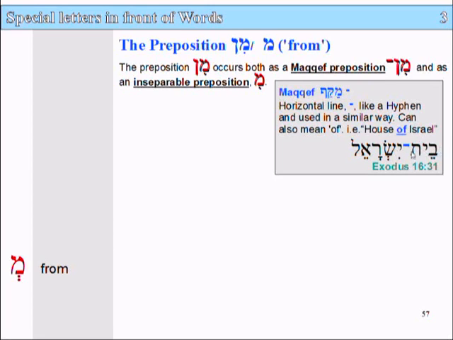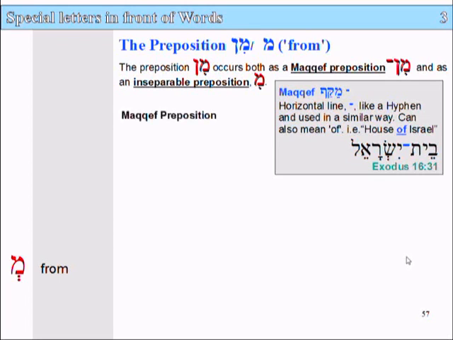So it's the house belonging to Israel or House of Israel. So that's what the makef can mean. And here the makef is just used to join the preposition min, meaning from, to the actual word. And we can also write it another way by just putting the letter mem straight in front of the word, just like in the other examples. So let's have a look at some examples.